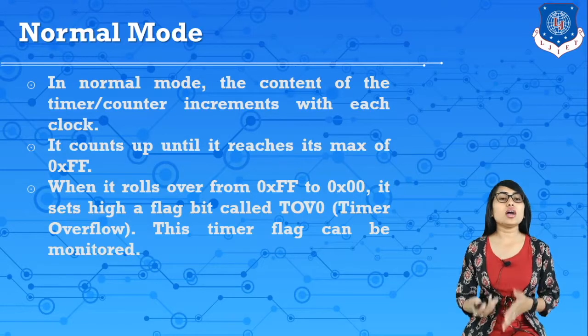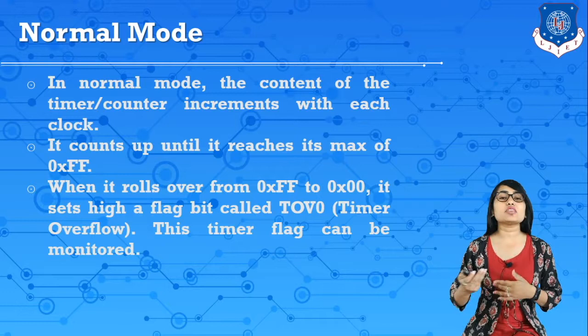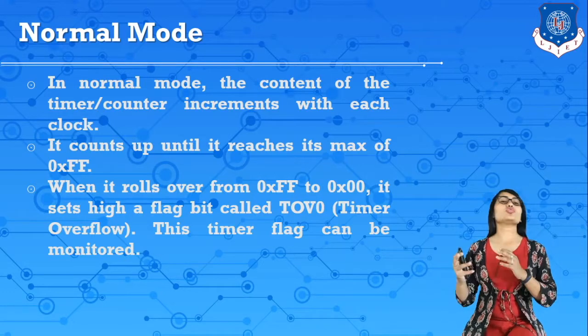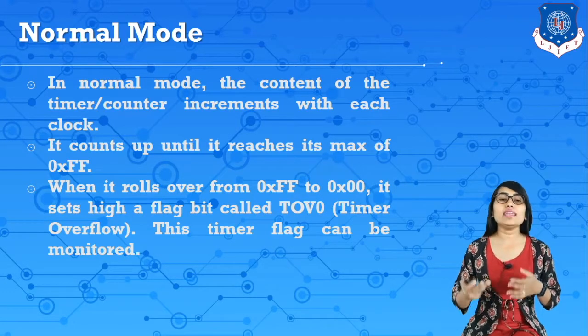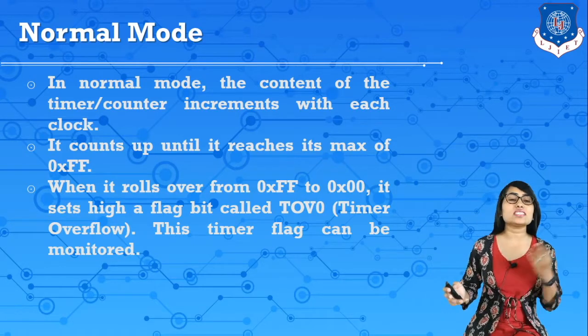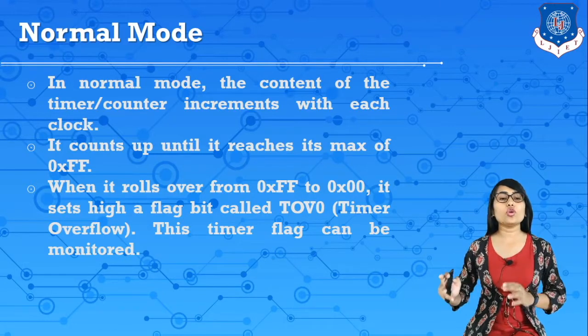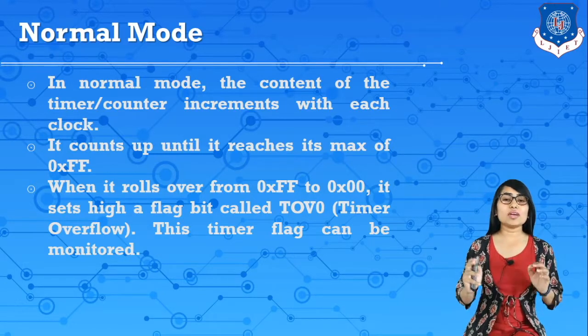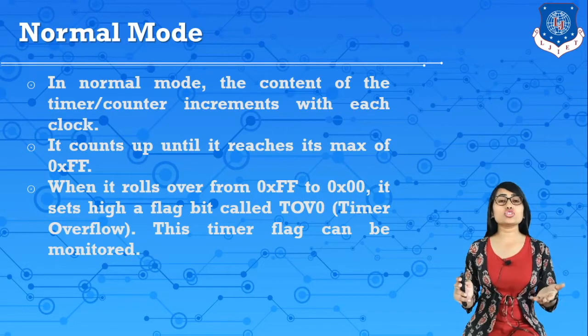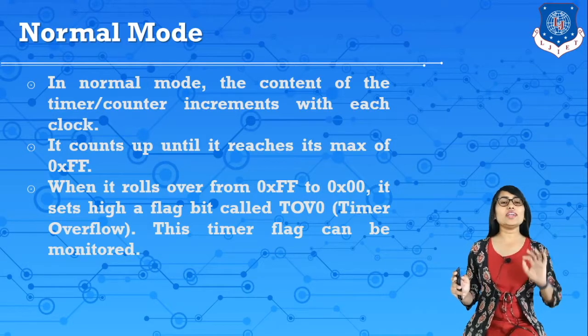It counts up until it reaches its maximum of 0xFF. When it rolls over from 0xFF to 00, it sets a flag bit called TOV0, timer overflow for Timer 0. This timer flag can be monitored to stop our counters for the desired time delay.